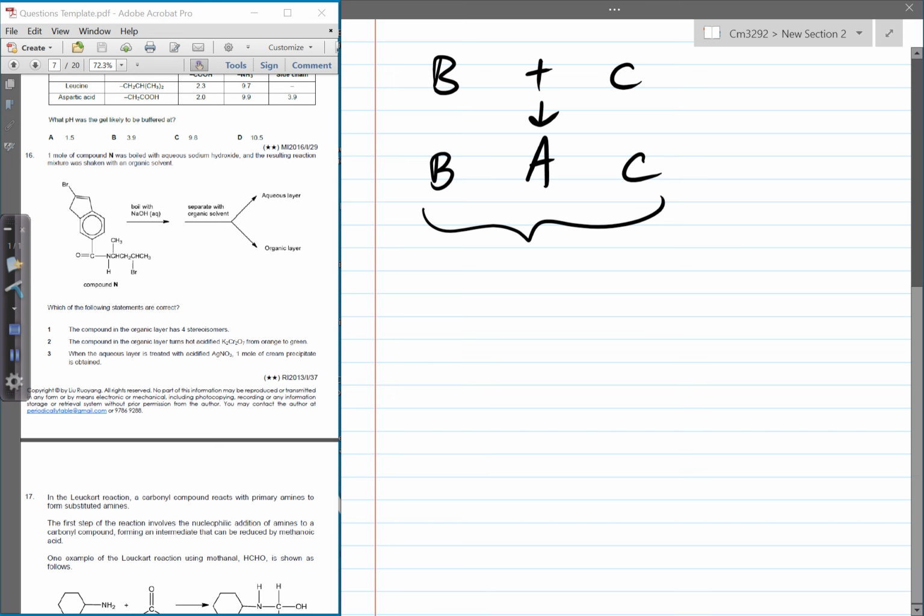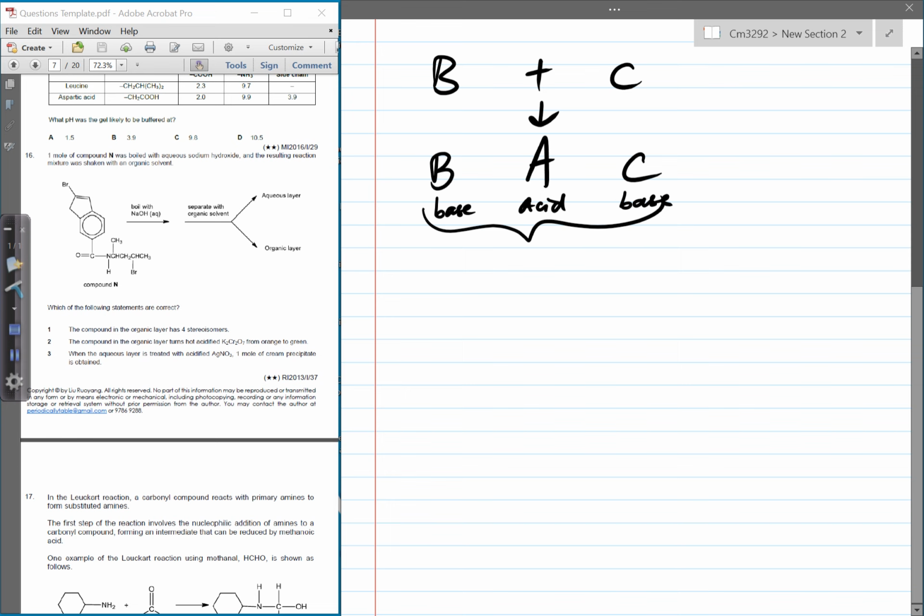So in order to separate B, A and C, you can separate them based on their acidity and basicity, right? For example, if A is the acid, if B is a base, and if C is a base, what you can do is throw in acid.